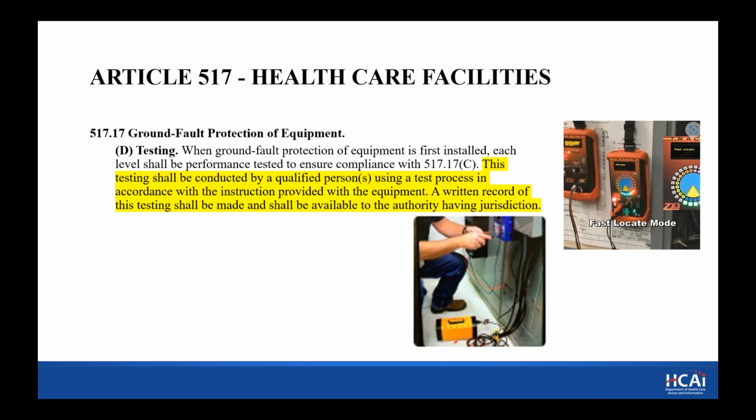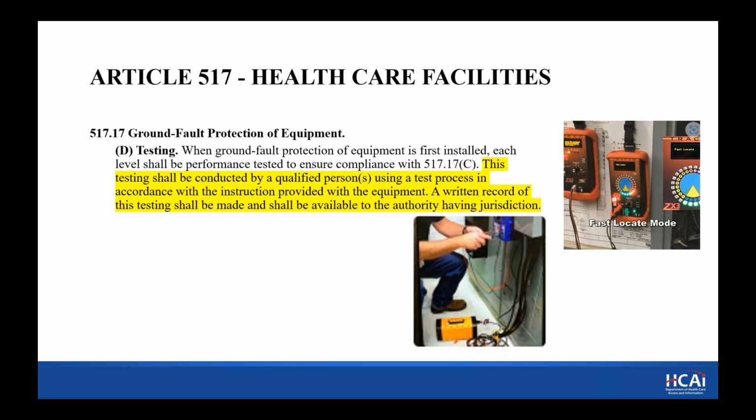Where ground fault protection of equipment is provided for operation of service disconnecting means, that would be Article CEC 230, which requires services over 1,000 amps to have ground fault protection.